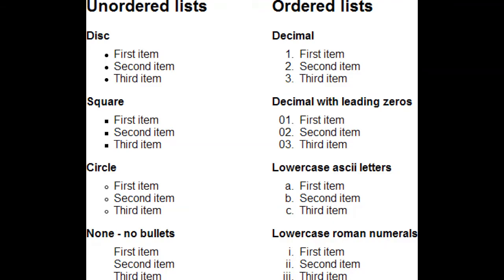So here we will see an example of an ordered list and an unordered list. Now let us see the example.